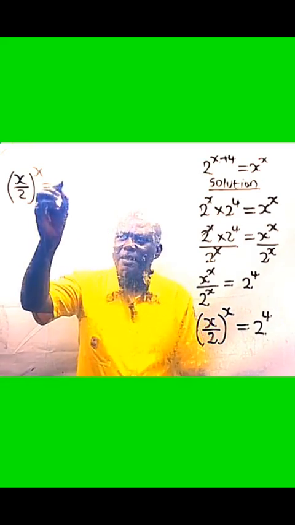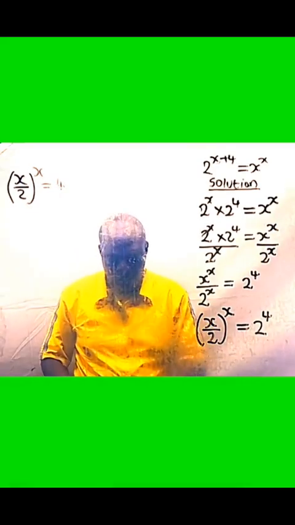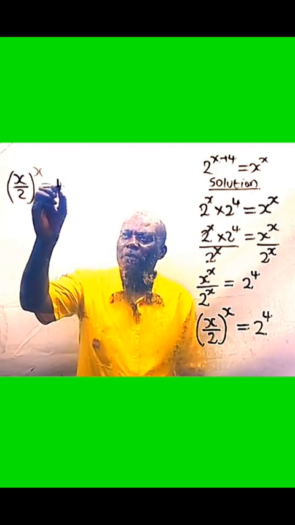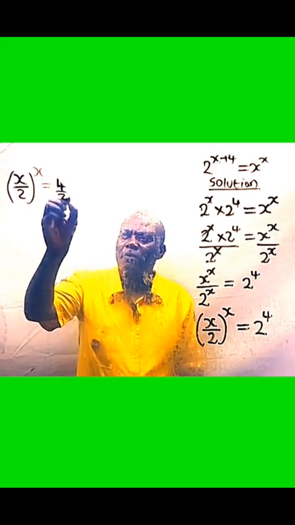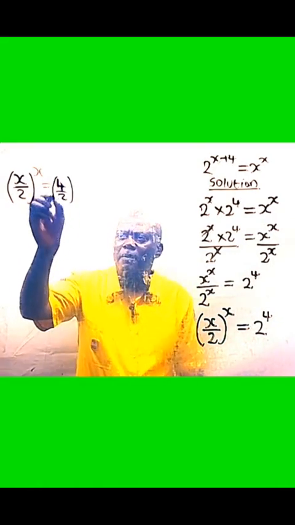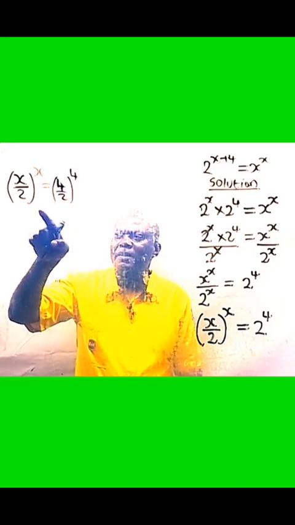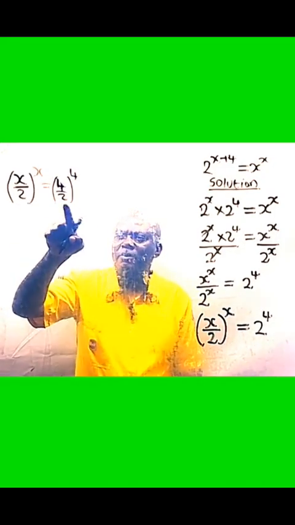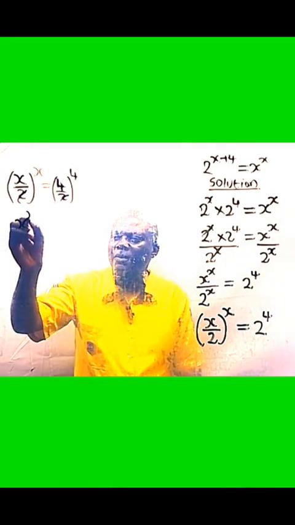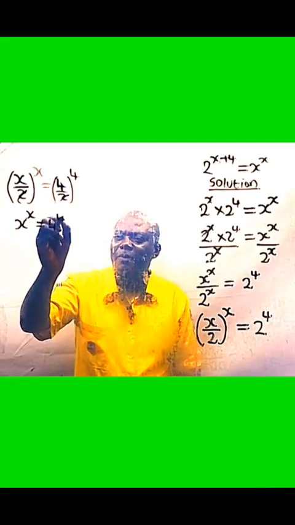You can write it in the form of 4 over 2. 4 over 2 is still 2, and the power remains 4. So you can see it, you cannot cancel these 2 and these 2, so this one will now go. So it now becomes x to the power of x equals 4 to the power of 4.